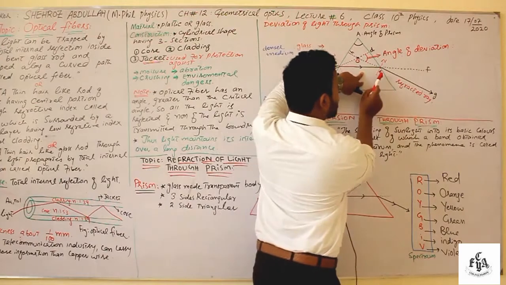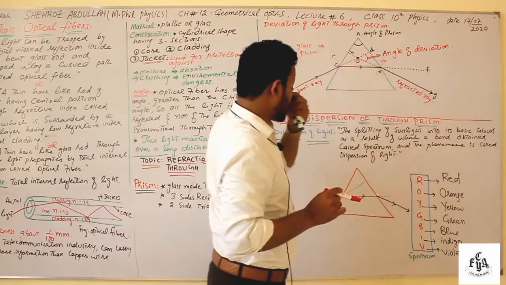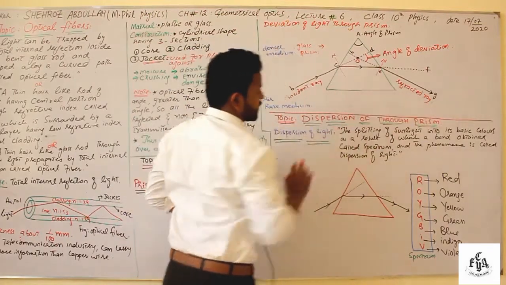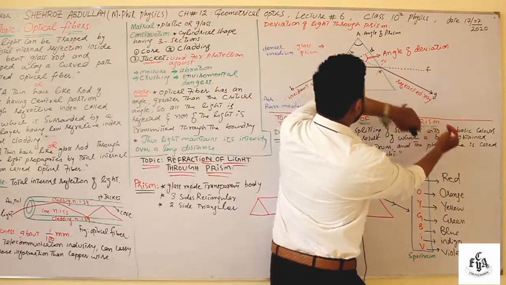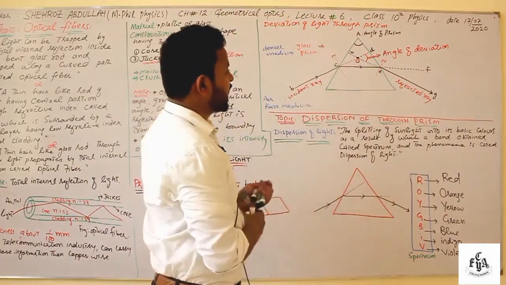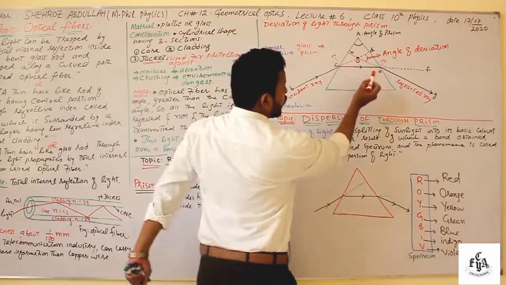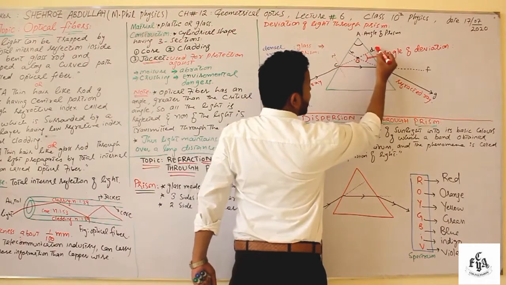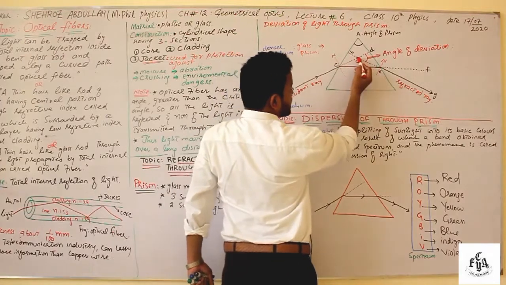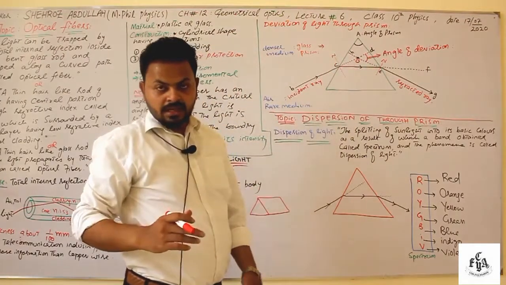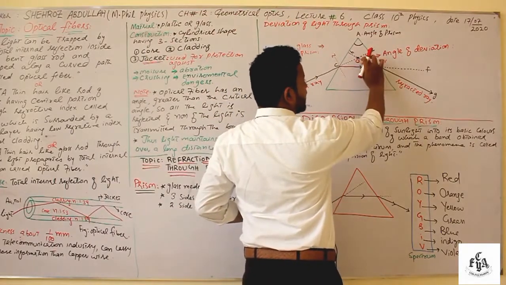It follows EG path, right? This is the incident ray, this is the refracted ray. What we do is stretch this EG ray back. When we stretch it back, we see that the CD ray and the EG ray, when stretched backward, intersect each other at point O.